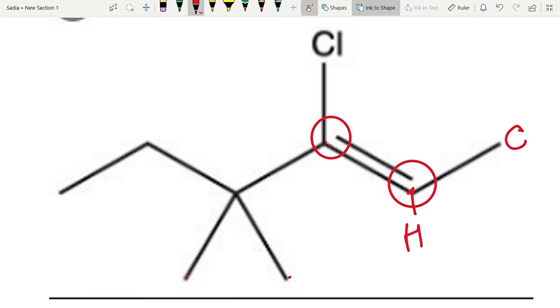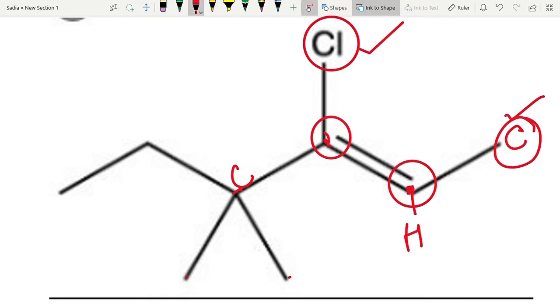And for this carbon atom, we have chlorine over here and carbon over here. So, for this carbon atom, this is the high priority group because chlorine has higher molecular mass than carbon. And for this carbon atom over here, we have carbon as the high priority group because carbon has higher molecular mass than hydrogen. So again we have them on the same side, this is known as the Z configuration.